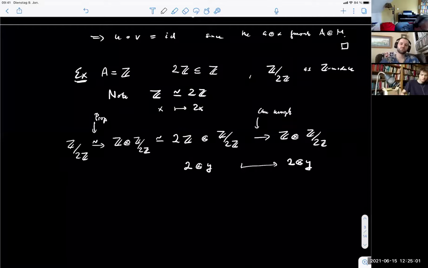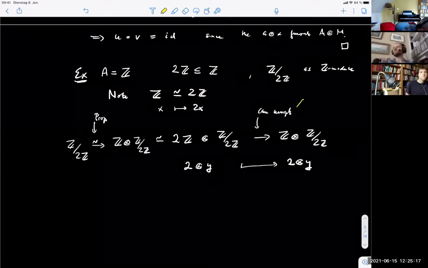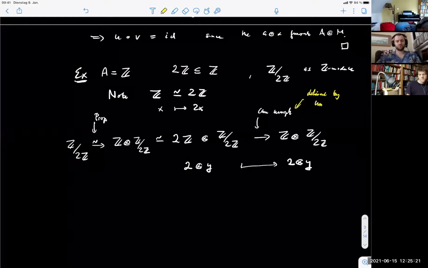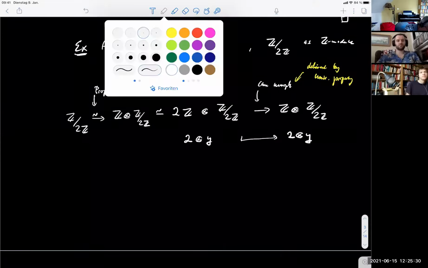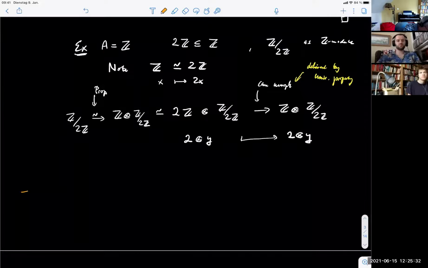I'm being very careful here. Why is this map well defined? It's the same story as before: it is defined by the universal property.